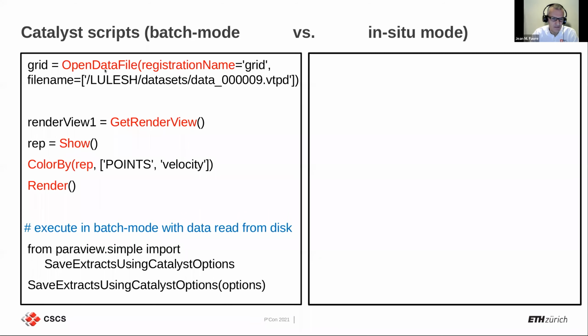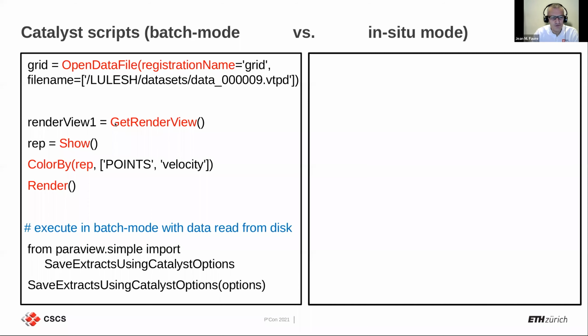I open that data file and I call it grid, and this is something that will be very important for us. This keyword is what we will see in the Conduit mesh description, such that ParaView understands that the Conduit node referred to by the name grid is actually the data we want to visualize.